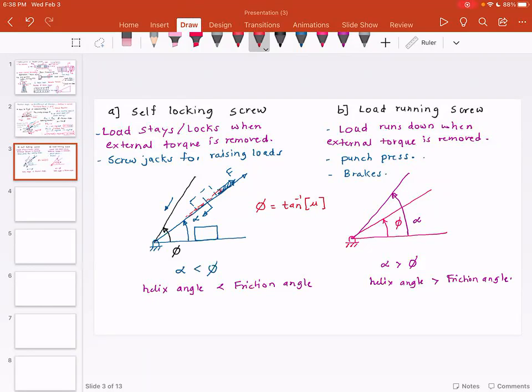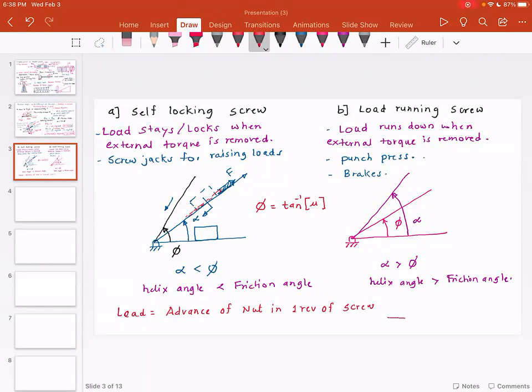The last thing that I want to talk to you about is nothing but the pitch and the lead. So lead is advance of nut in one revolution of screw.